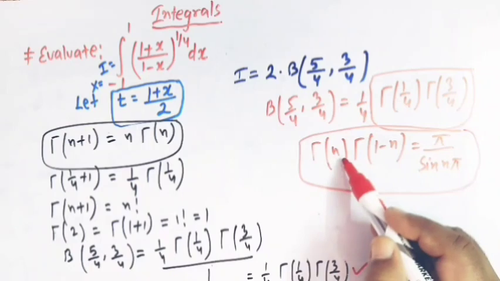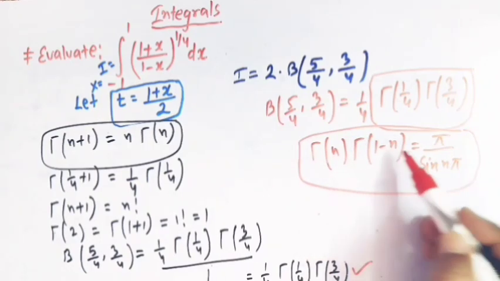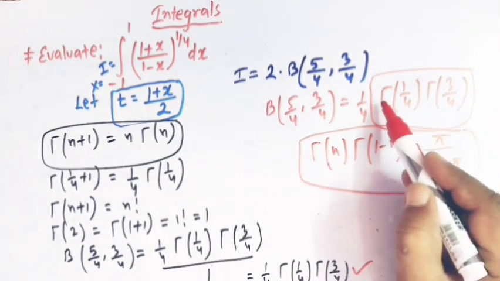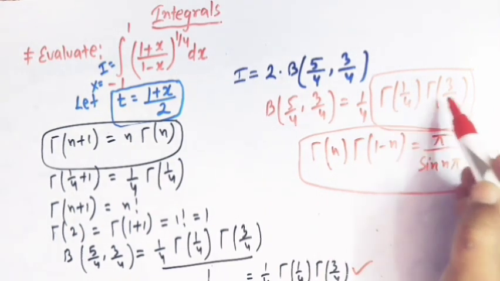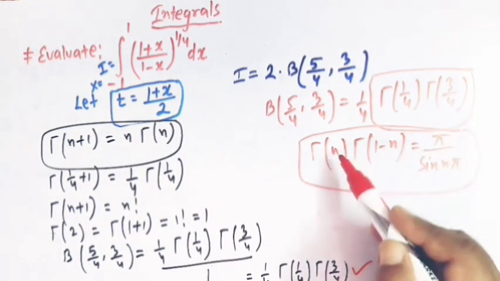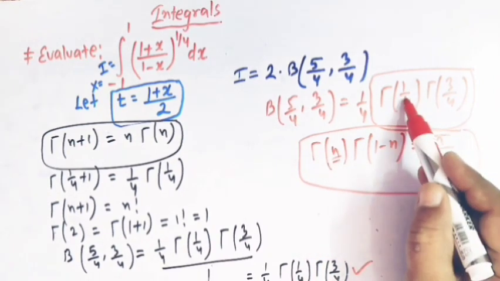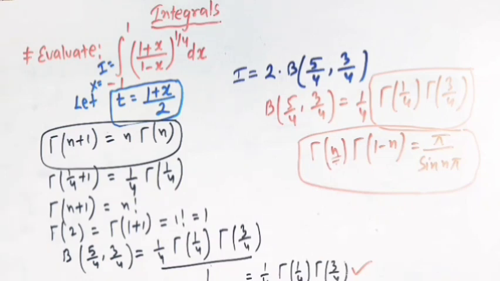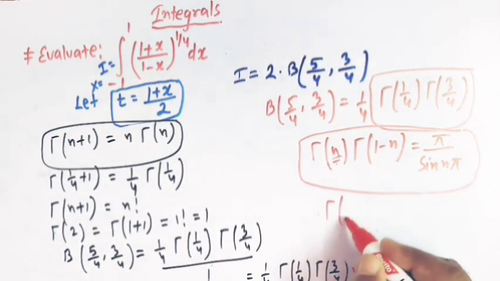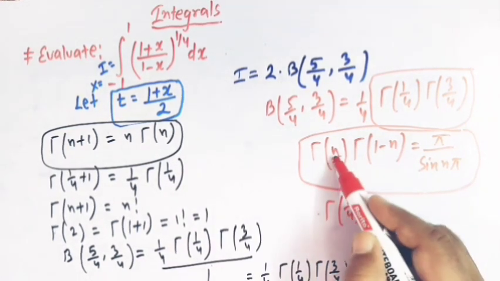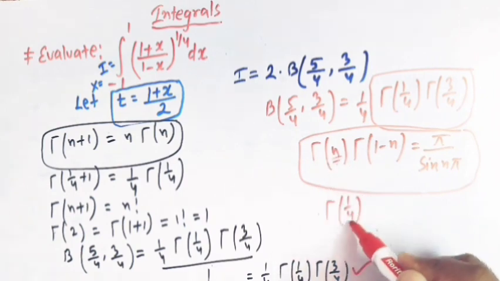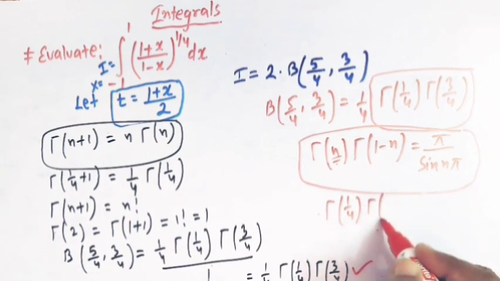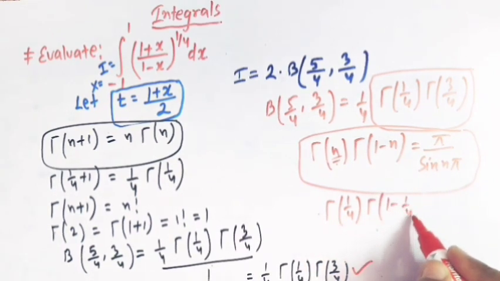And here we have gamma of 1 over 4 times gamma of 3 over 4. So if we take n equal to 1 over 4 in this expression, then we get gamma of 1 over 4 times gamma of 1 minus 1 over 4.